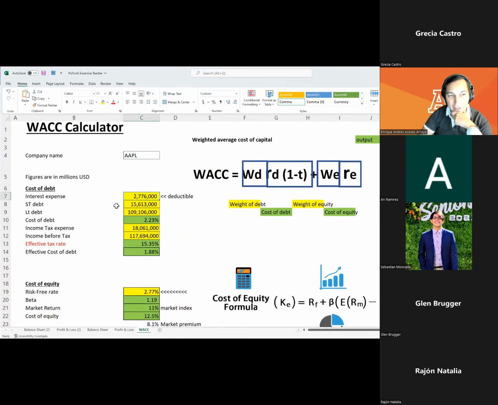So the cost of the debt, you have the interest expense. Go to your income statement and take a look. Where do you find the interest expense? Who has found the interest expense, guys?